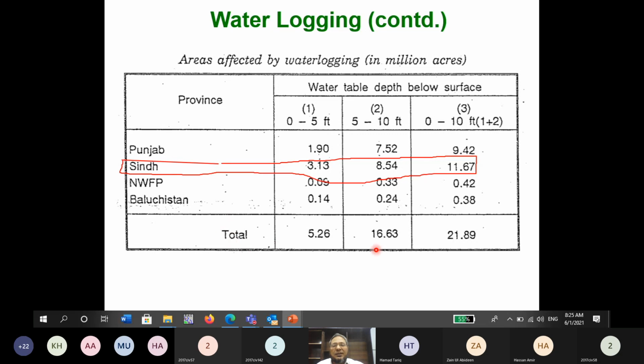Anyway, the total severely waterlogged area in Pakistan is 5.26 million acres, and less severely waterlogged area is 16.6 million acres, and the total waterlogged area is 21.89 million acres.